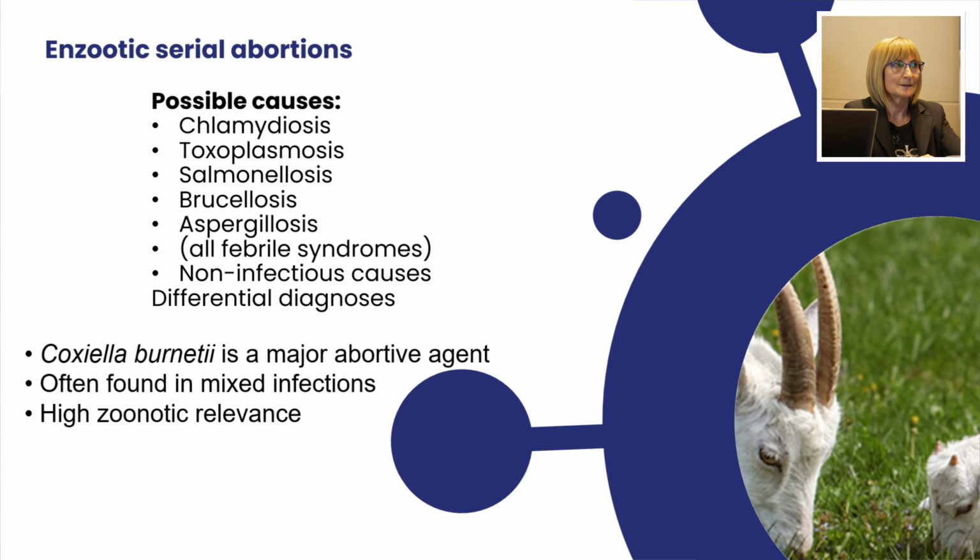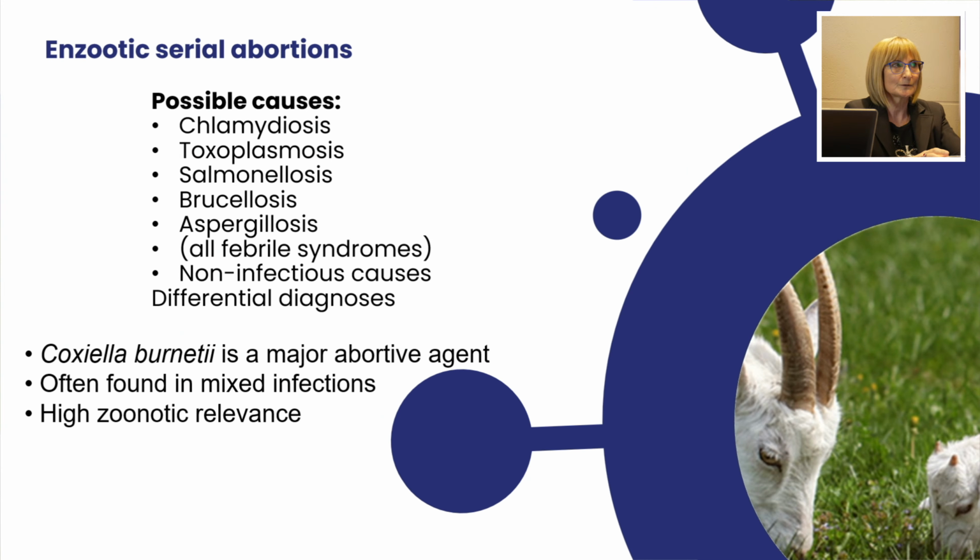When we face enzootic serial abortions, we have to consider not only Coxiella burnetii, which is a major abortive agent, but we also have to make a differential diagnosis. Depending on the epidemiological situation, on the geographic area or the national condition, we have to investigate other possible causes.